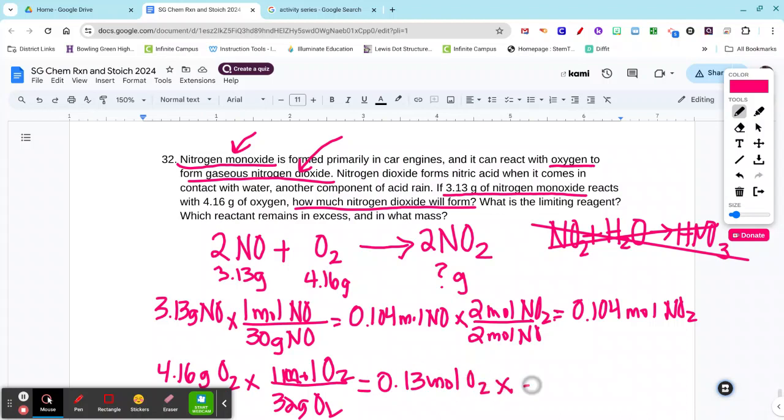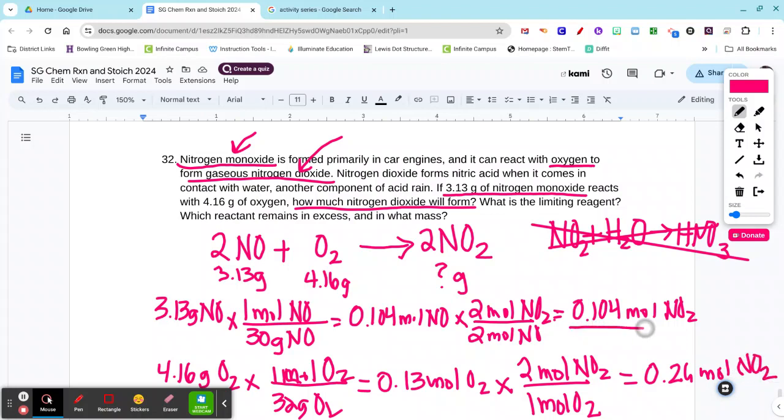And then this time when I use my equation, I say I have 1 mole of O2 for 2 moles of NO2. And so I'm going to multiply that by 2. So I get 0.26 moles of NO2.